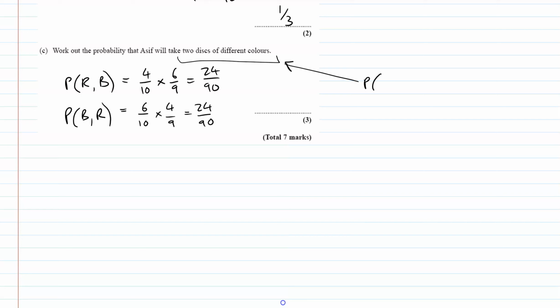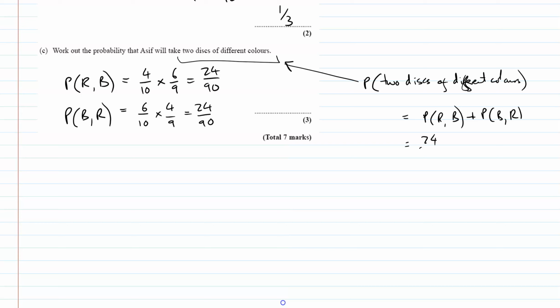So therefore, our probability of 2 discs of different colours will be the sum of these 2 things, because they both are the outcome that we want. And therefore the chances are going to go up because there's different routes to get that desired outcome. So this is 48 over 90, and we should be able to simplify this to 16 over 30.